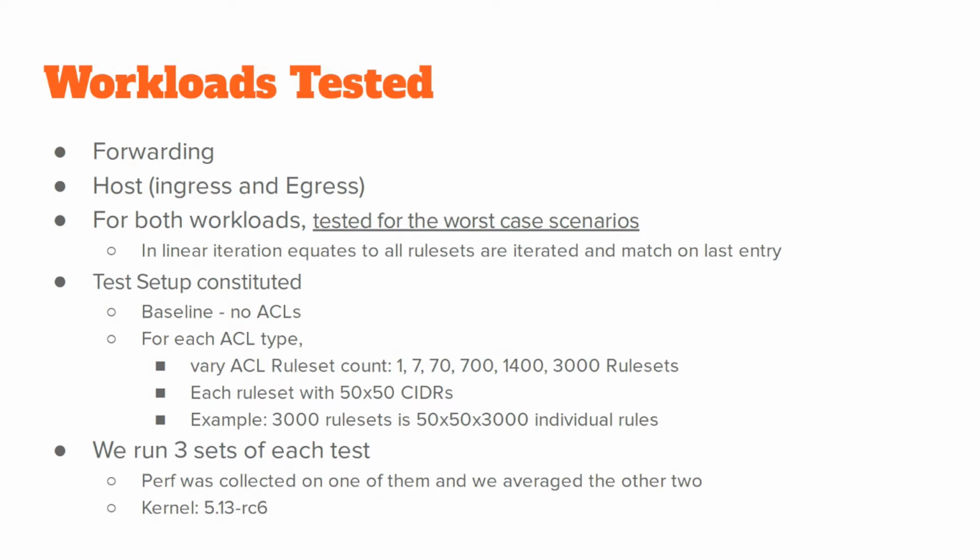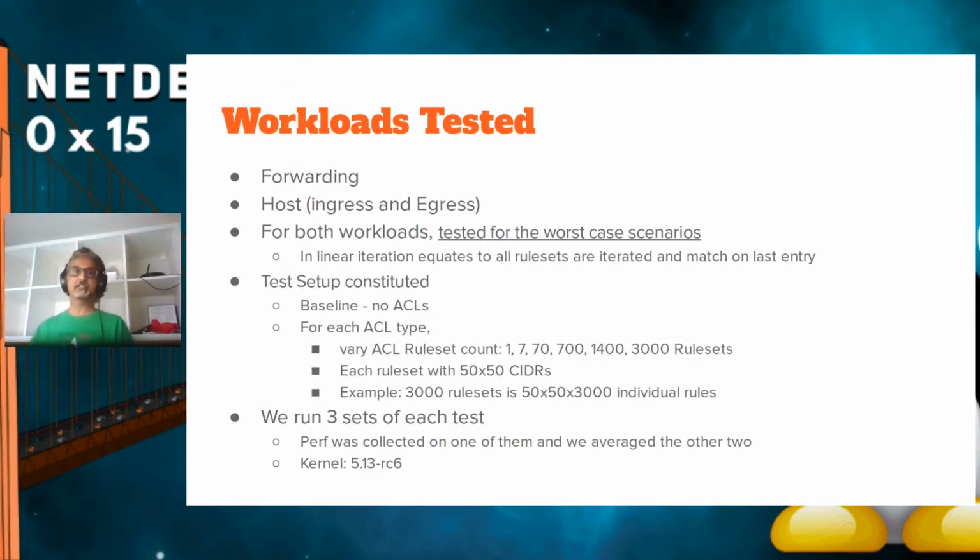So 2,500 per rule set. The kernel we used was 5.13-rc6. We iterated over many kernels, but the one I'm presenting the data on here is 5.13-rc6. We ran several sets of the same tests, and we collected perf CPU, and we averaged the last 2.